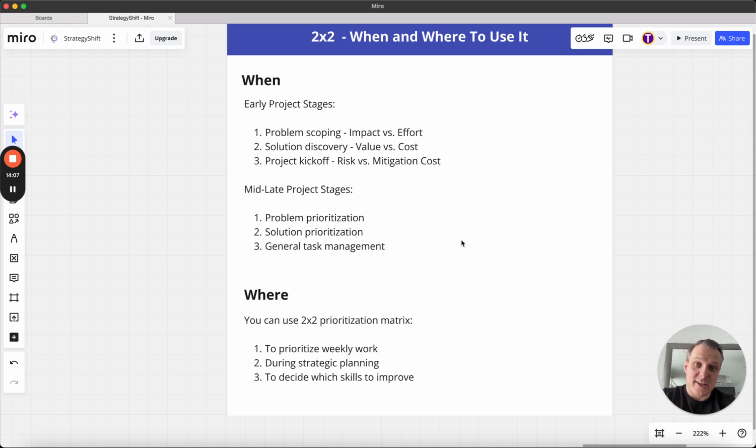And during project kickoff, we'll do a risk versus mitigation cost. So we'll list all the risks that could affect the project, and then align them based on the mitigation cost. How easy is it to mitigate?